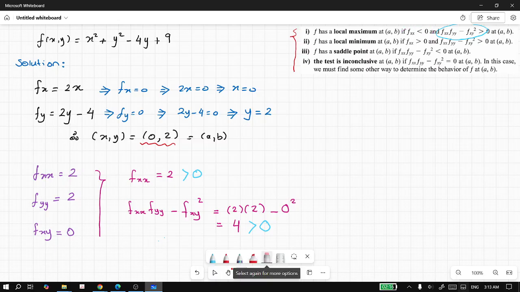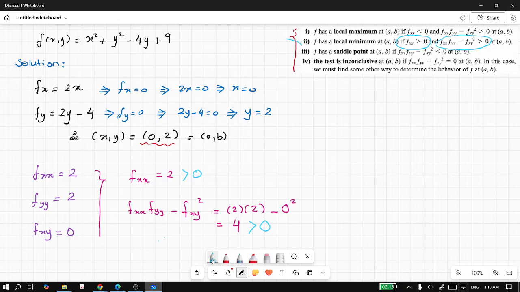Sorry for that mistake. Since f sub xx is equal to 2 and that is greater than 0, and the discriminant in total is greater than 0, we have both of the conditions satisfied.